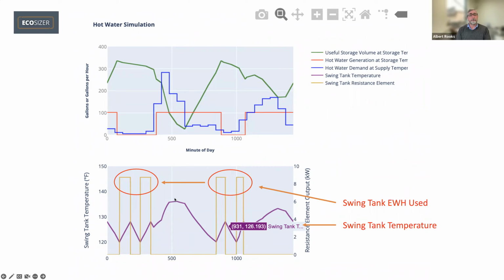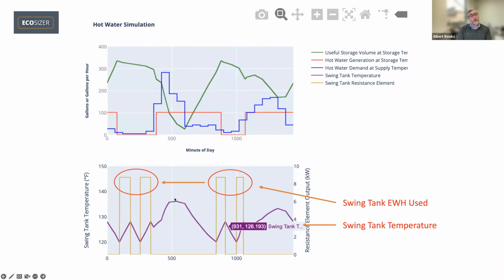So at the next line down, let's look at the blue line. The blue line is demand at supply temperature. So, right, when we've got a full tank and there's no load on it, there's no demand. So the blue line's down at the bottom.